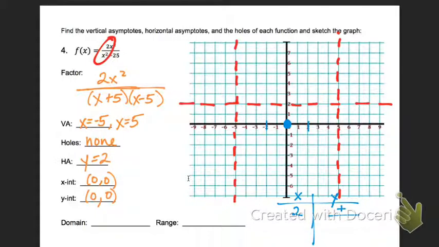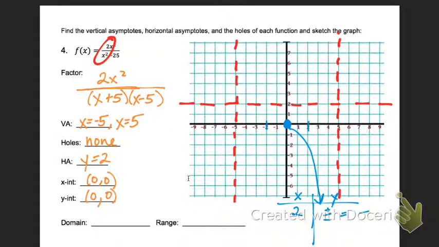But then 2 squared minus 25 on the bottom is negative. So the whole thing is negative, because positive over negative is a negative number. That means it's going down on this side.